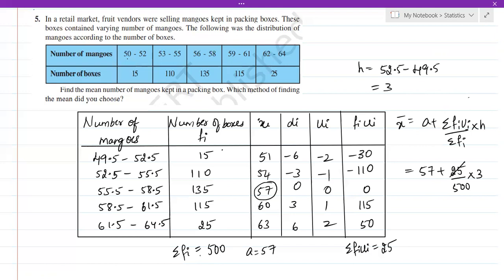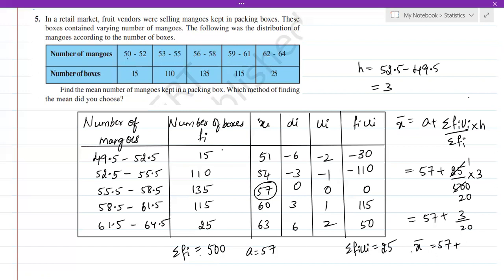So here you can actually divide it. 25 ones are 25, twos are 50, 0 as it is. So it becomes 57 plus 3 by 20. X bar is equal to 57 plus 3 by 20.